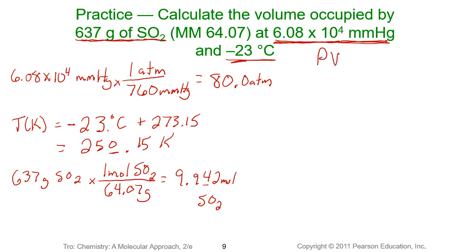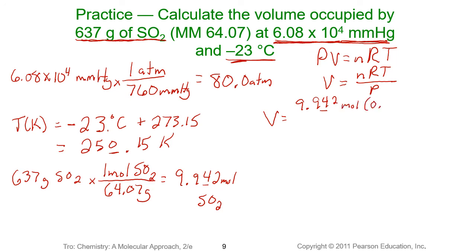Now we want to use our ideal gas equation, PV equals nRT. We're going to solve for volume, divide both sides by the pressure, and we can substitute in our amounts. So the number of moles that we just calculated times the ideal gas constant, 0.08206, times our temperature in Kelvin, 250.